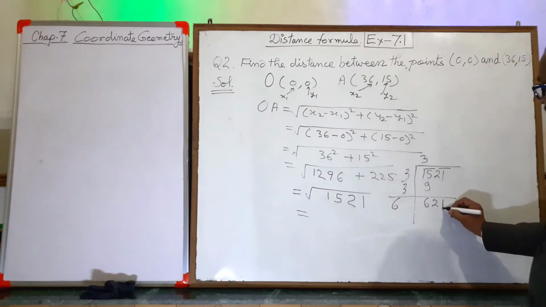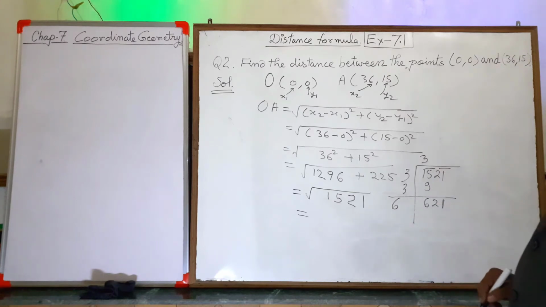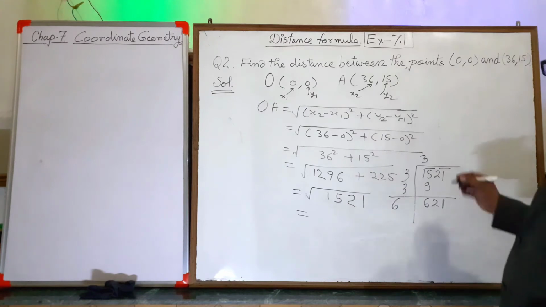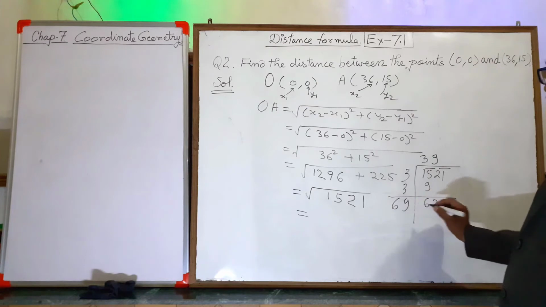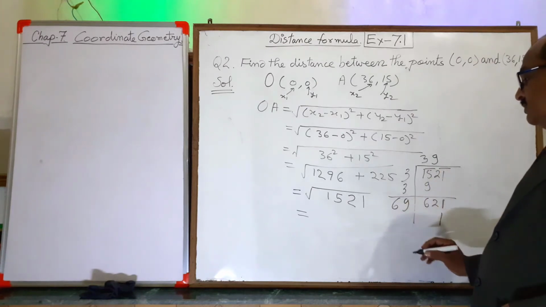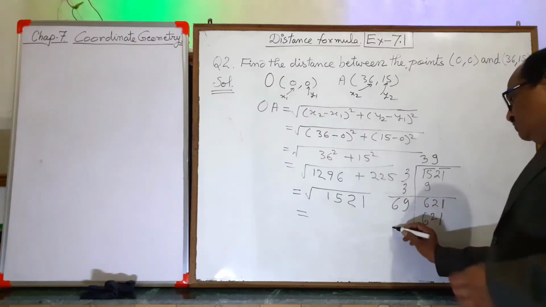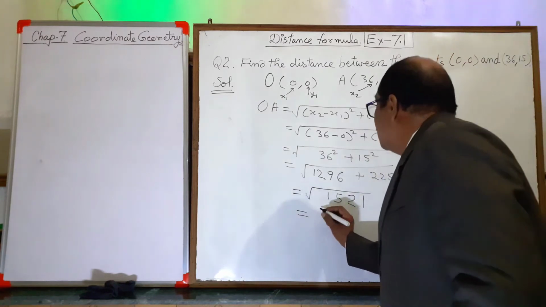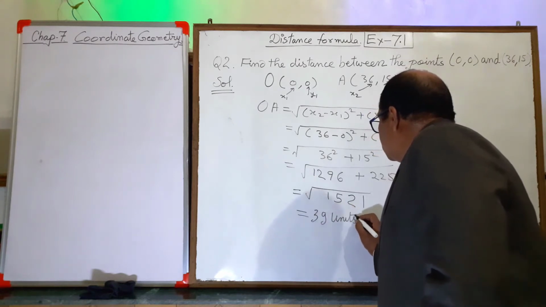Here one is there, so we take a small digit, and again one number is there, 9. 9 times 9 is 81, we are getting, so we can check with 9. 9 times 9 is 81, carry 8. 9 times 6 is 54, 54 and 8 is 62. So in this way we will get 0. So the distance between these points is 39 units.